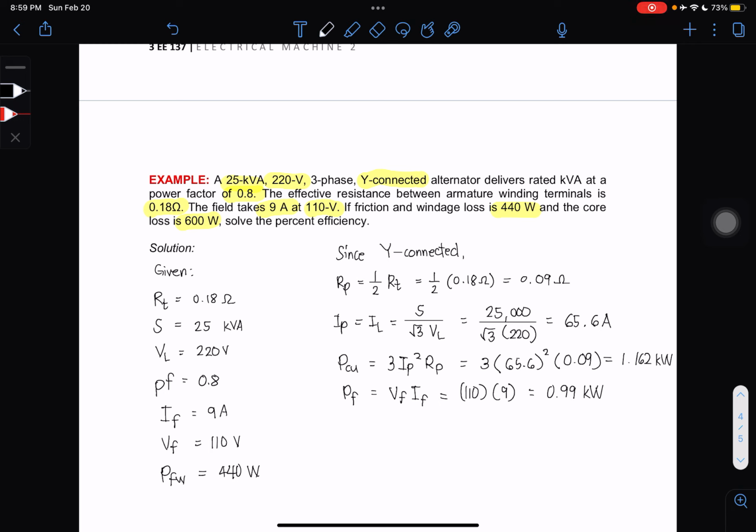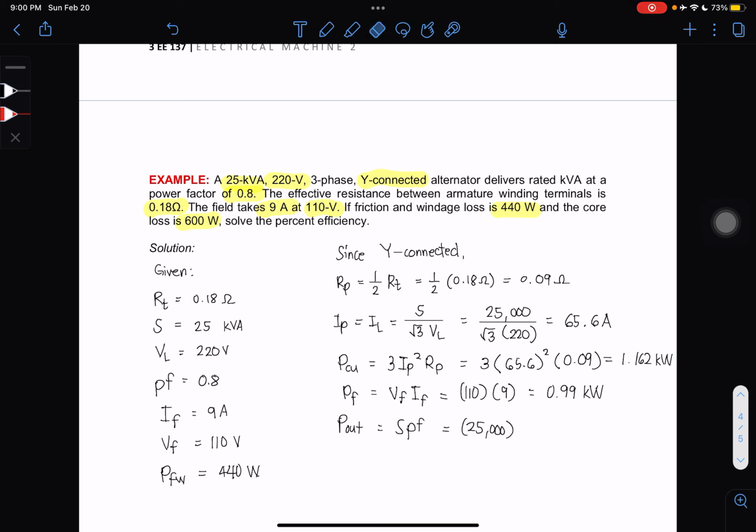So for our P out, our power output or power delivered, S is given. So S is multiplied by our power factor. Our S is 25,000 volt-amperes, kilovolt ampere.